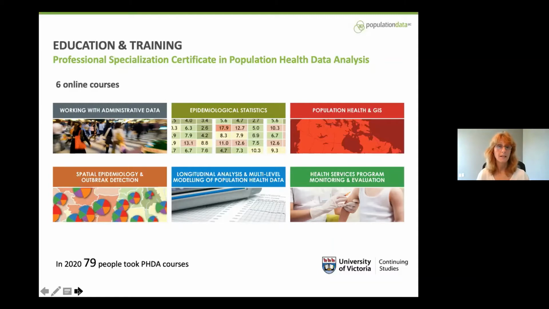The theory component is offered through UVic's Desire2Learn learning platform, and the analytic component is offered through PopData's Secure Research Training Lab. So very applicable, very applied, and very useful for many individuals looking to advance their skills in population health data analysis.